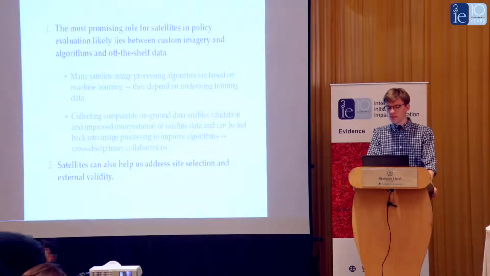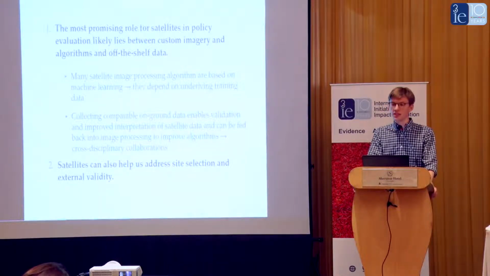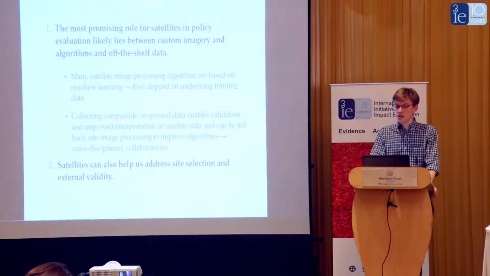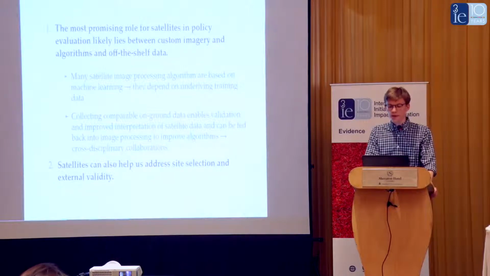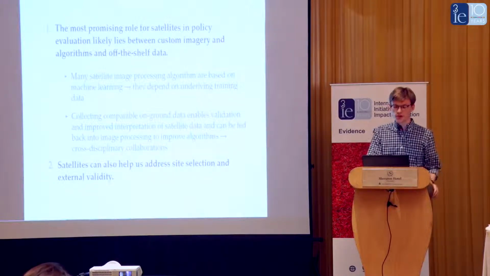But I would just say that taking advantage of the comprehensive nature of satellite data to determine how, for example, the sites that we select are similar and different to the external sites that we hope our evidence will apply to is an important area for us to be thinking about.